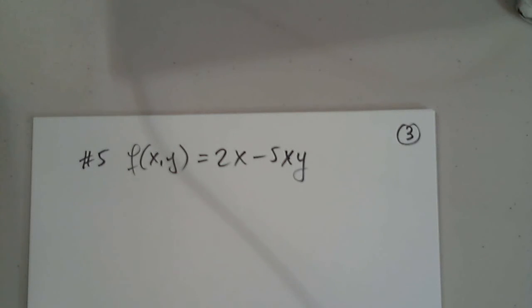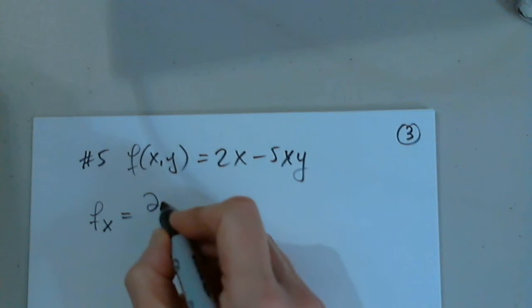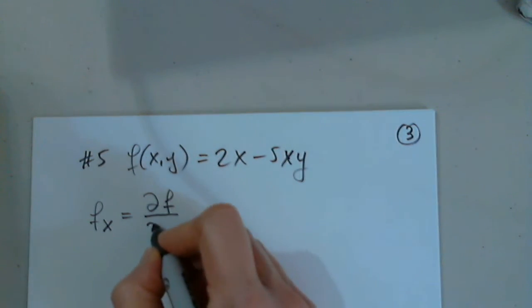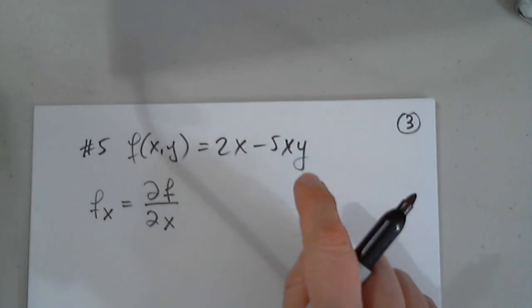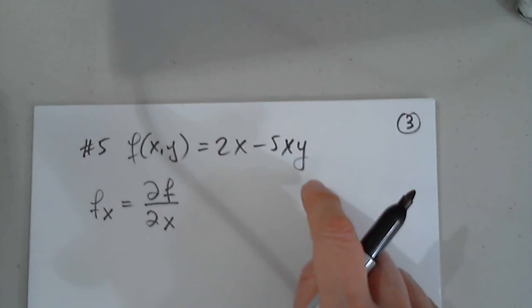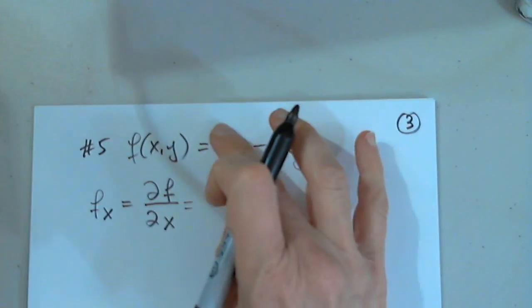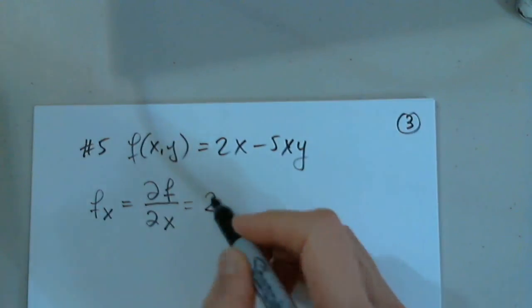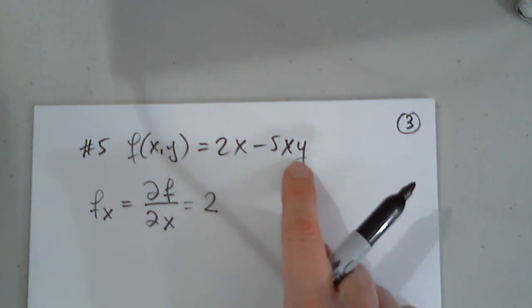Okay, so fx means the partial derivative of function f with respect to x. So I differentiate with respect to x, and assuming that y is a constant. So when I differentiate the first piece, that's easy, it's 2. When I differentiate the second piece, -5 and y are constant.